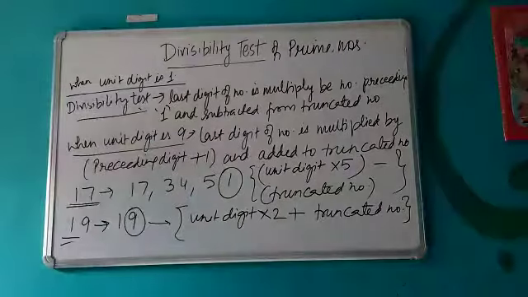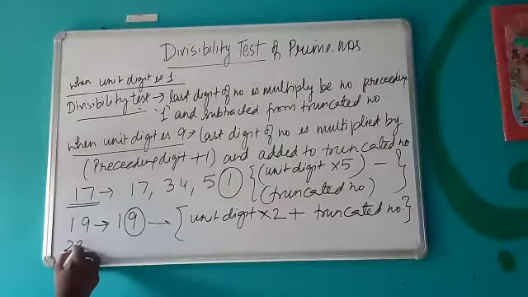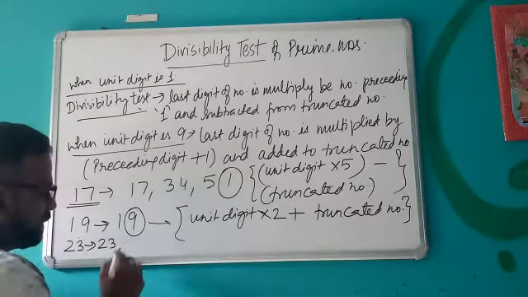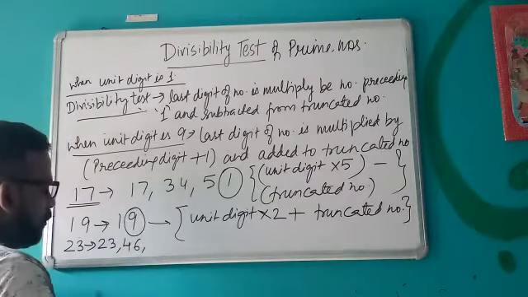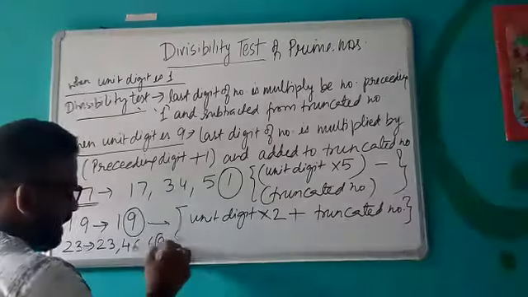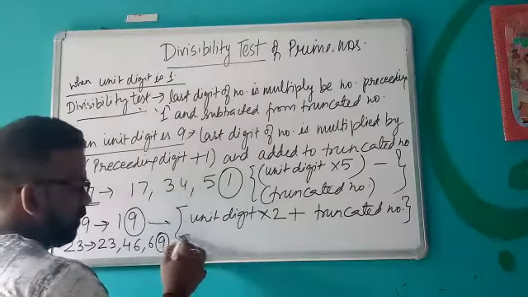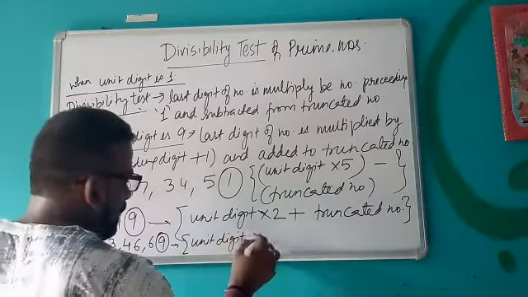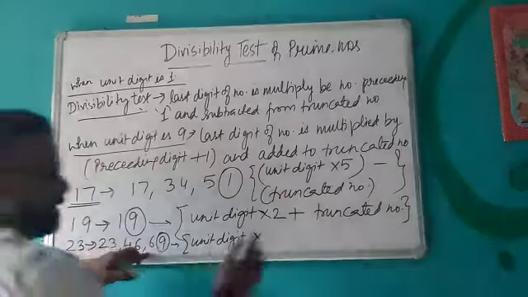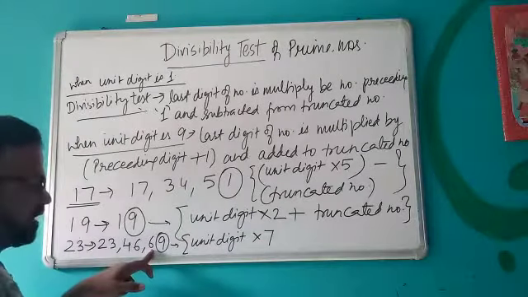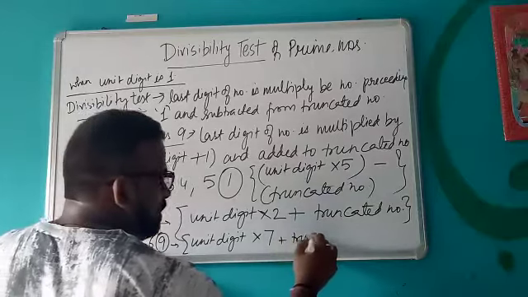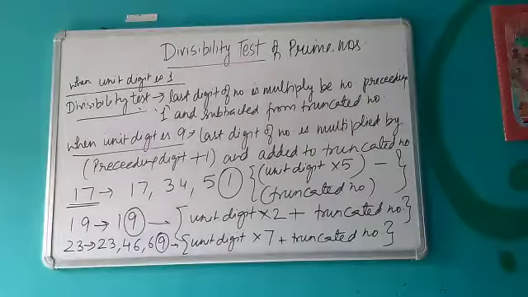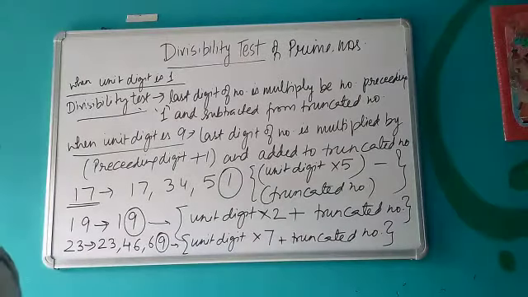Suppose you want the divisibility test of 23. 23 ones are 23, 23 twos are 46, 23 threes are 69. Again we got 9. Its divisibility test will be unit digit into the number 6 plus 1, which gives 7, plus the truncated number.